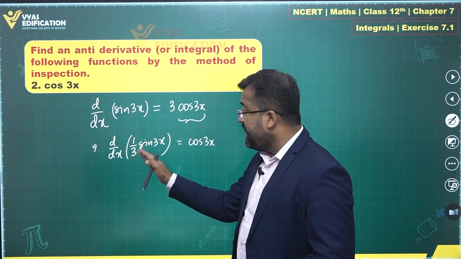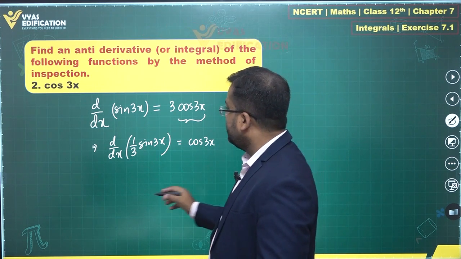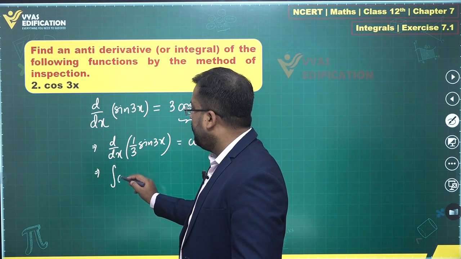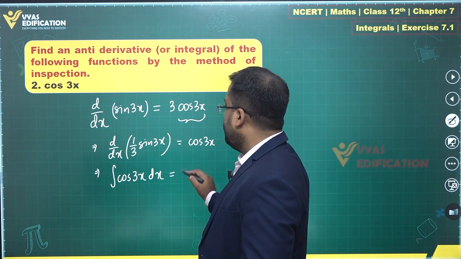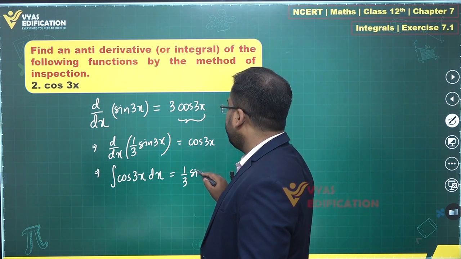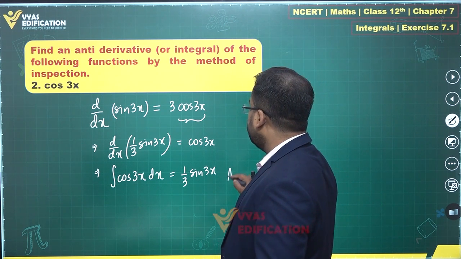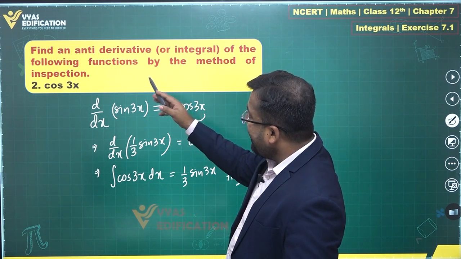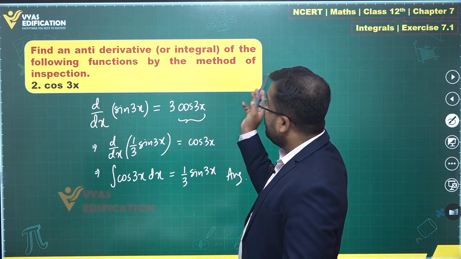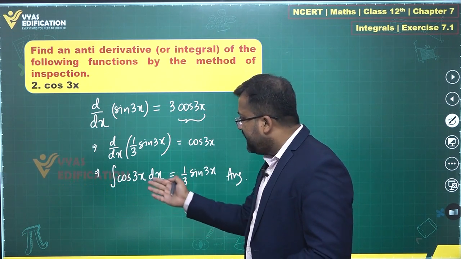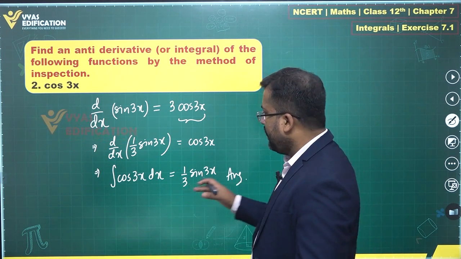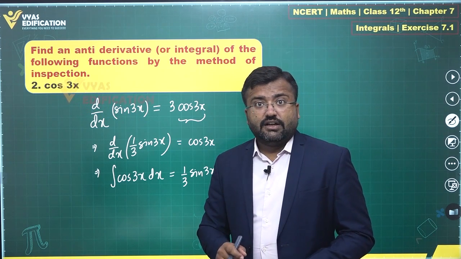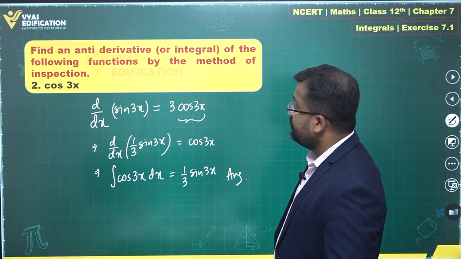Since d by dx of 1 by 3 sin 3x is equal to cos 3x, therefore the integral of cos 3x with respect to x will be equal to 1 by 3 sin 3x, and that is what we are interested in: an antiderivative, an integral of the following function by the method of inspection. Using the concept of derivative, that is what we have found. And that's all in this second question.